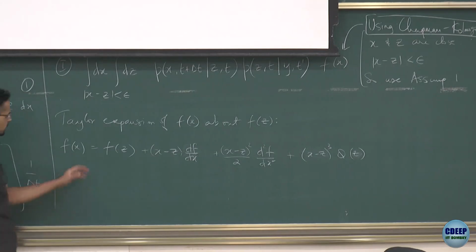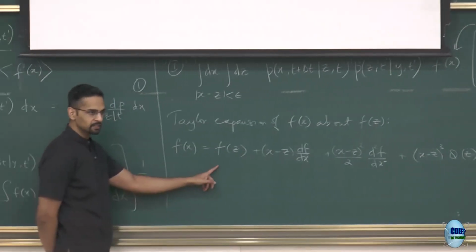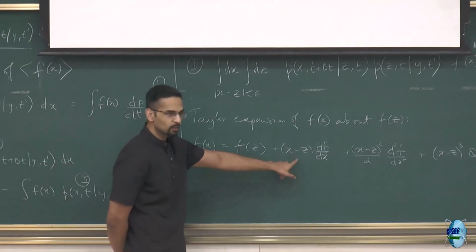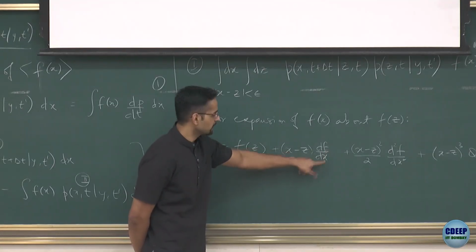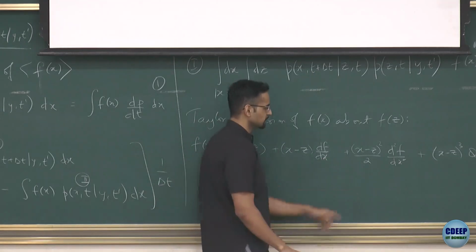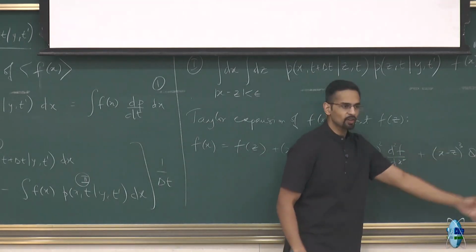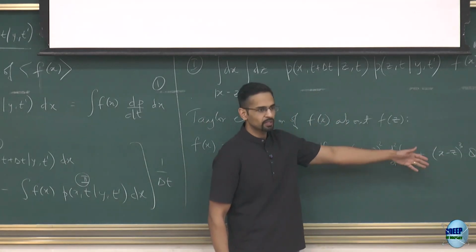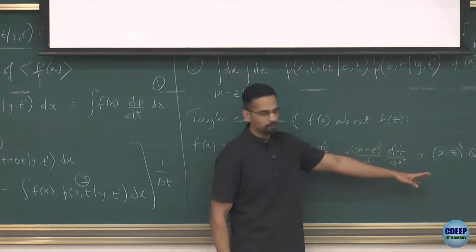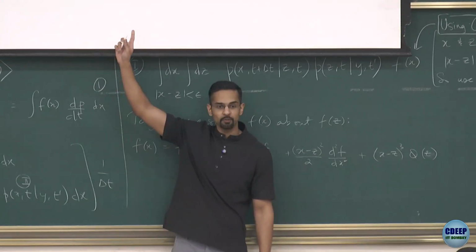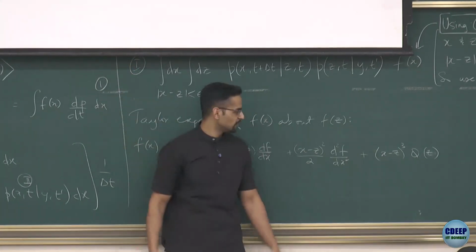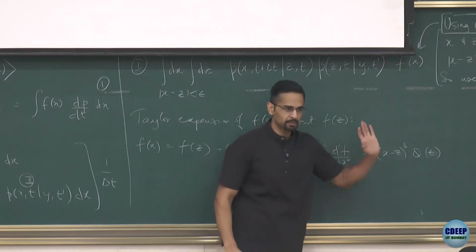What I am doing here is Taylor expanding f of x about z. So the x dependence is sitting in the coefficients. These things are only functions of z, evaluated at x equal to z. Same here. And then this is the third order term. I'm retaining it just to show that this will drop out. We'll see in a moment that these terms will drop out because we have shown already that the third order moments are small. I'm just keeping it so that we'll see that this and higher terms are going to drop.